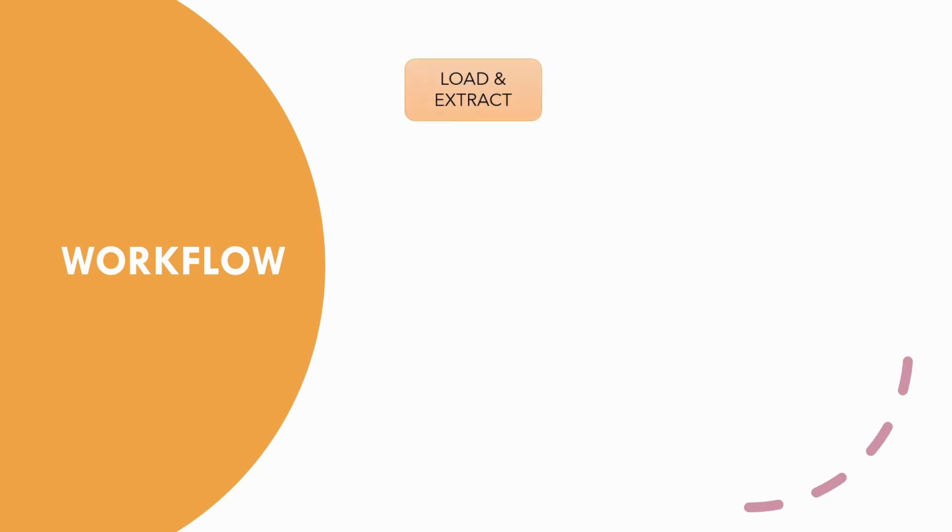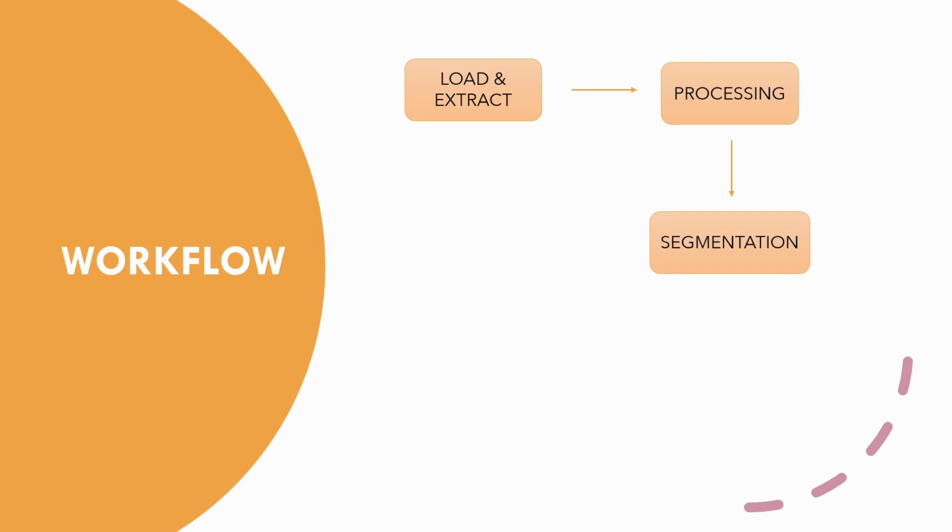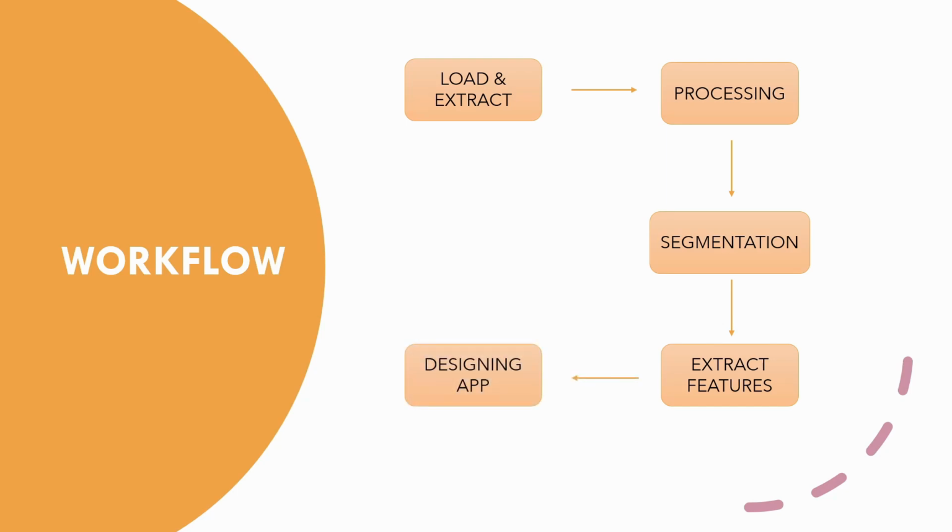The first thing that we do is to load and extract the mammogram image. Then we process it, such as binarizing or filtering and so on. And we do segmentation, which is to pinpoint the exact lesion. And we extract features so it can be classified, and we input it into the app.